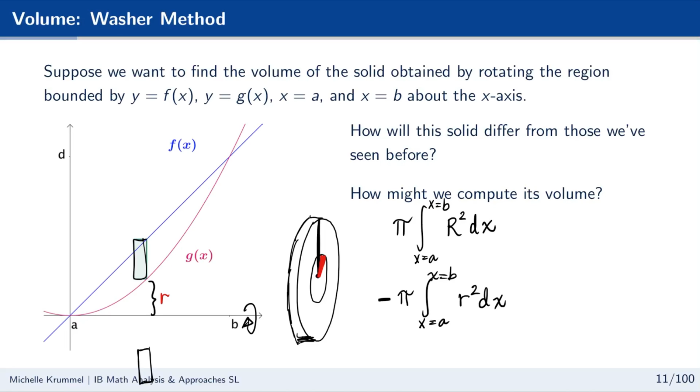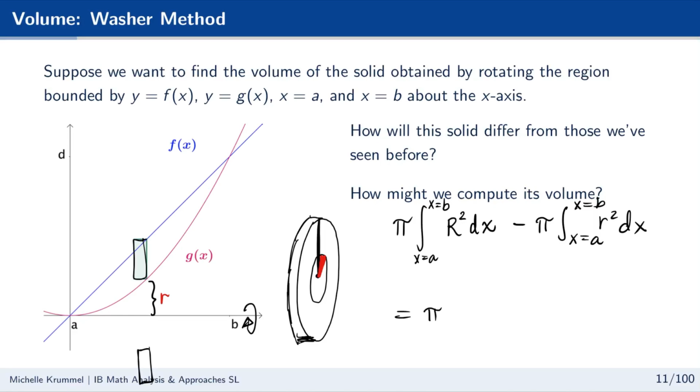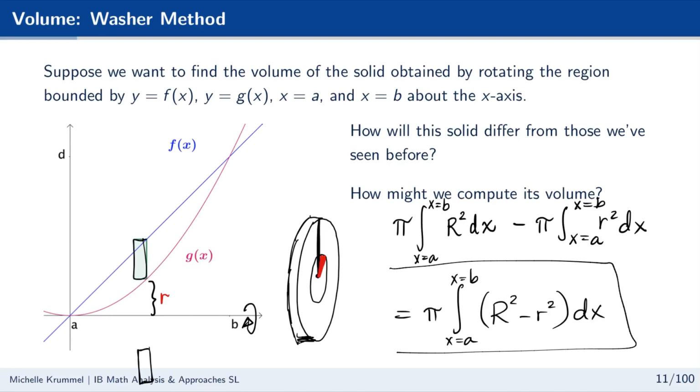So instead of two separate integrals like this, we can go ahead and put them together in a single calculation, like so, going from x equals a to x equals b, big R squared minus little r squared dx. And that's going to be our basic setup for this washer method.